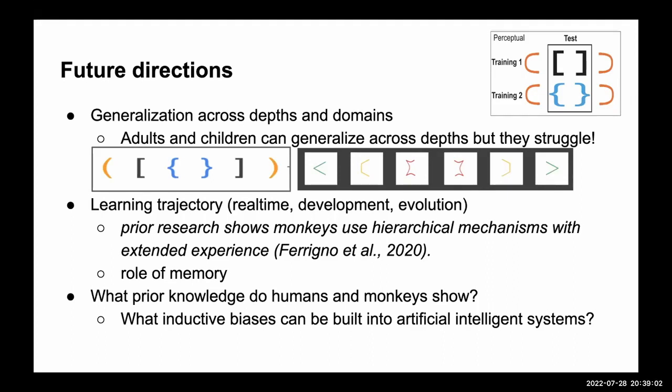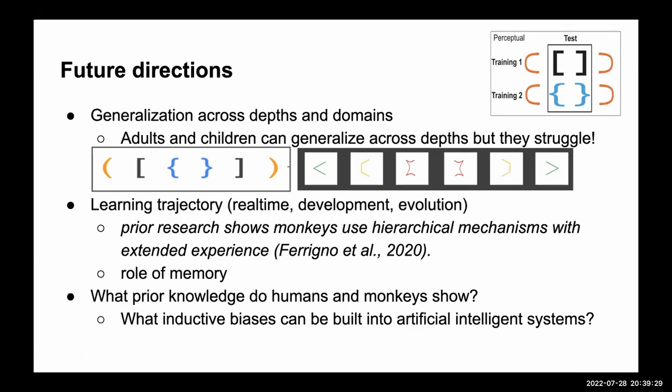And there are the evolutionary aspects. Prior research has shown that monkeys can indeed use hierarchical mechanisms. It's not as if they can't do it. So what changed over evolutionary time that made that transition, which allowed humans to rely on hierarchical reasoning more preferentially? And finally, of course, there's the role of memory, what kind of memory constraints play a role here.